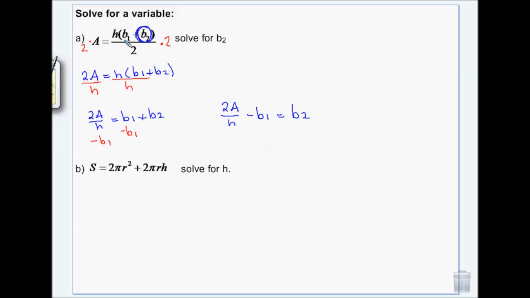The only difference is we're not going to distribute, because we want b2 by itself, so it doesn't do us any good to actually multiply it by h and then turn around and divide it by h. Questions on that?